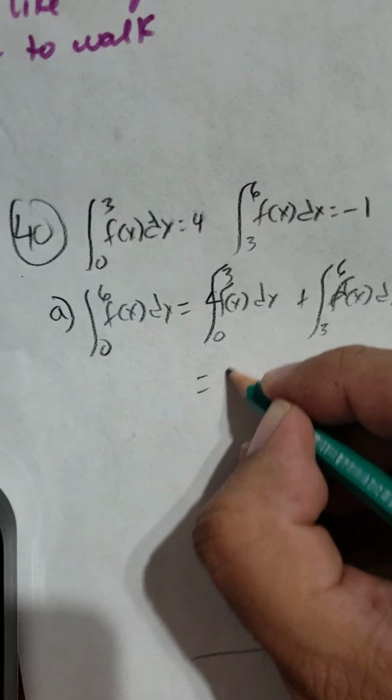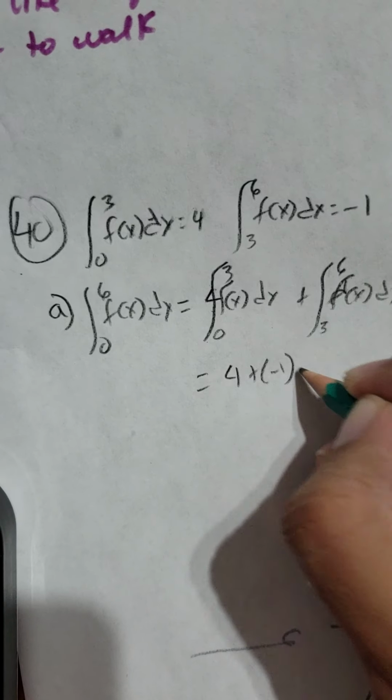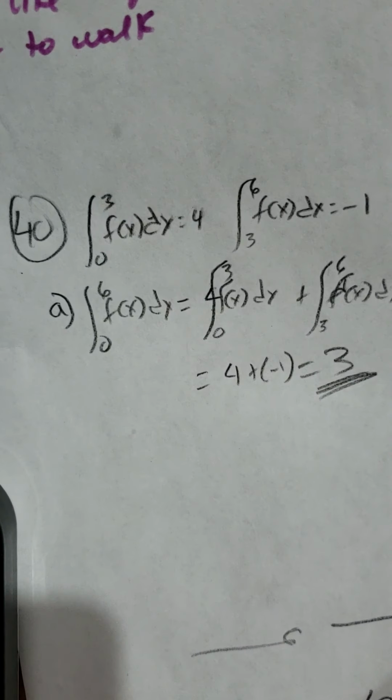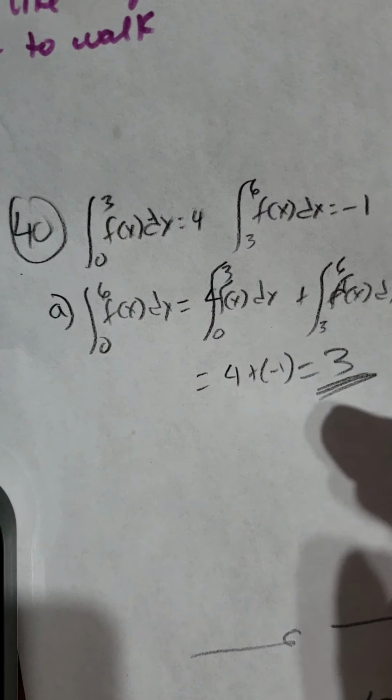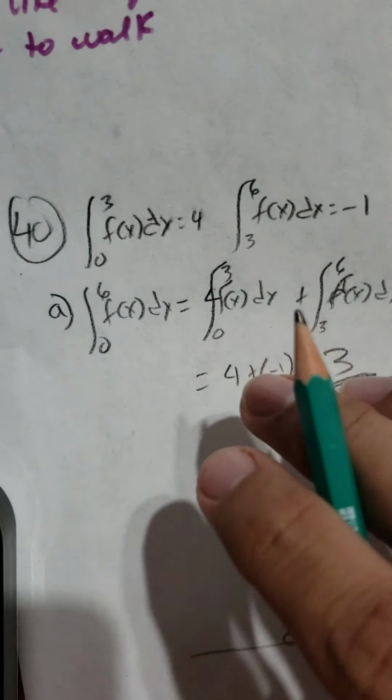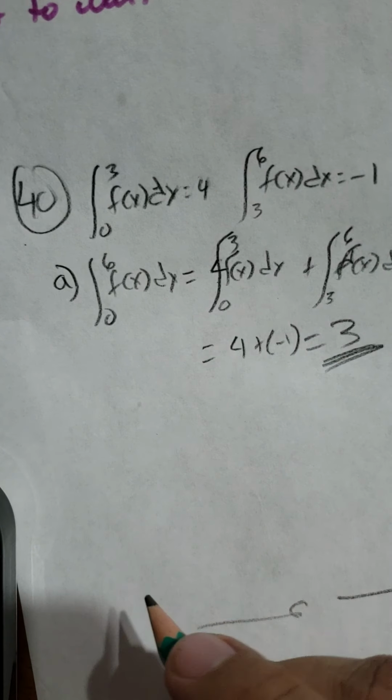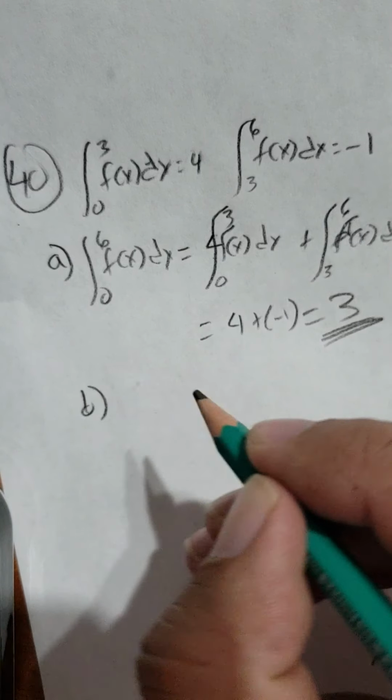We already know the values, that is 4 plus -1. The answer is 3. The addition of two areas is 3. Notice we have an area that is negative.